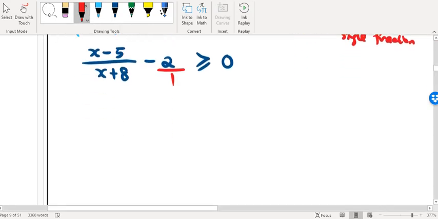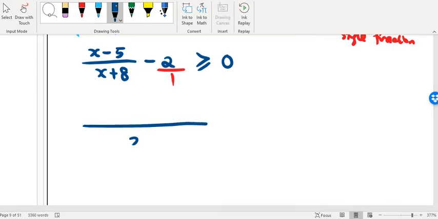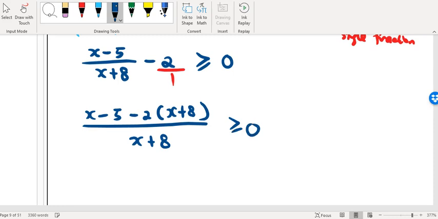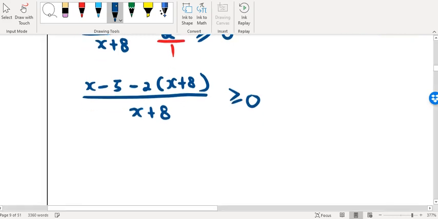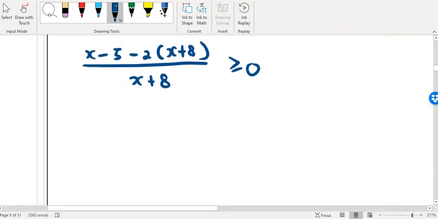So how? x plus 8 times 1 for sure is x plus 8. So you have x minus 5 minus 2 times x plus 8. Okay, so simplify it. x minus 5.